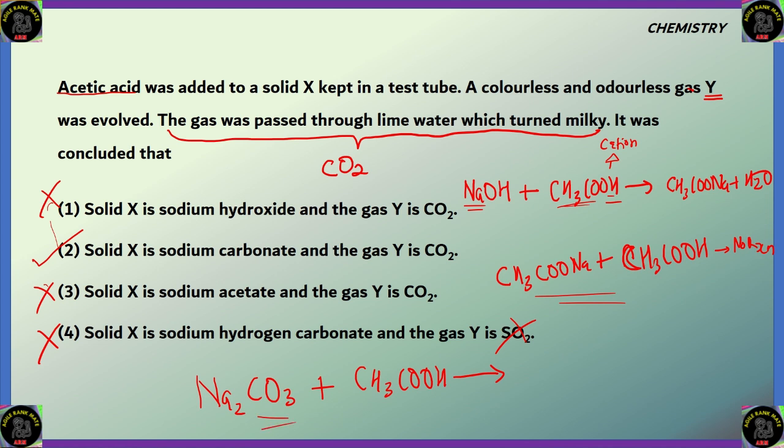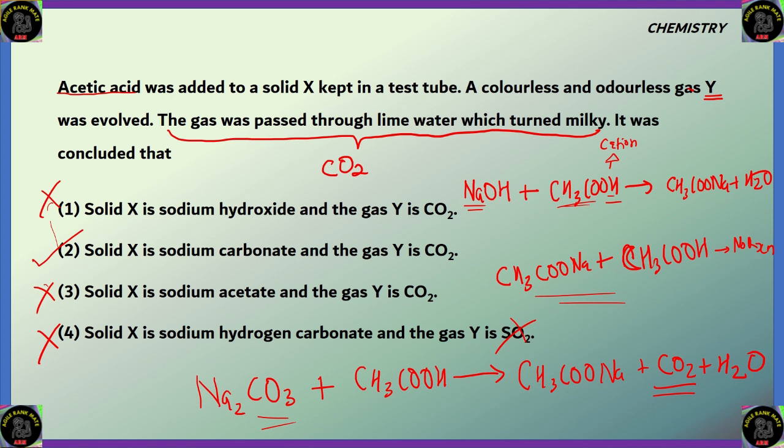So from this, we'll get the salt CH3COONa, that is sodium acetate, plus CO2 plus H2O, which is there in the normal reaction of an acid with a carbonate.